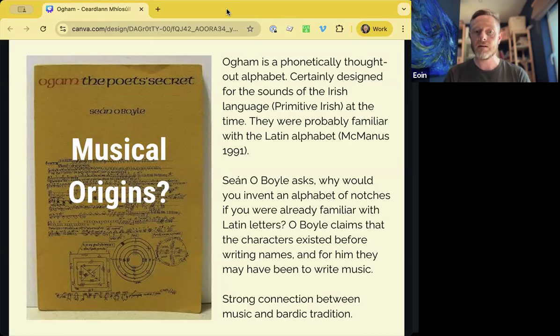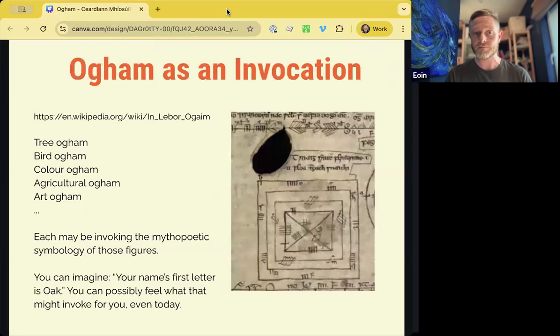And he claims that because music and the bardic tradition are so closely intertwined in Ireland's history, maybe Ogham was more like a musical notation, a way to store music, and then maybe it was transposed into a written language. Okay, so who knows?